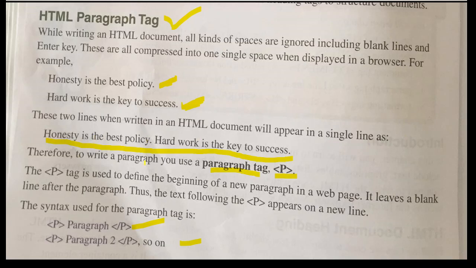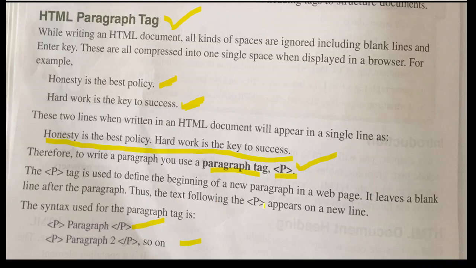Therefore, to write a paragraph, you use a paragraph tag, the P tag. The P tag is used to define the beginning of a new paragraph in the website. It leaves a blank line after the paragraph.